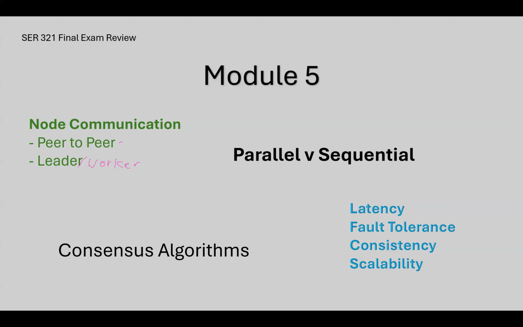Peer-to-peer has the benefit of no single point of failure. If one peer drops off, and with distributed systems, the golden rule is you have to expect things to fail, because you might have 100 nodes. If six of them go offline because of a thunderstorm or someone flipped a switch, the whole system can't crash.